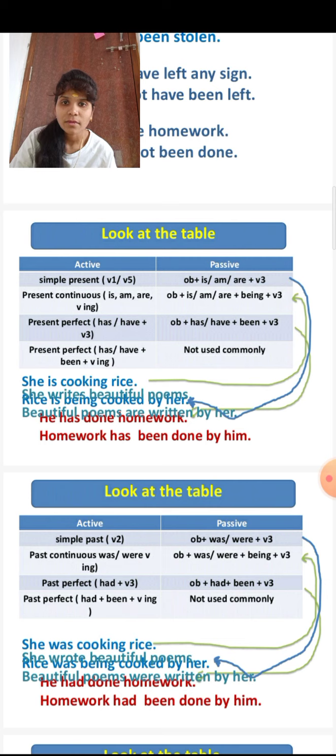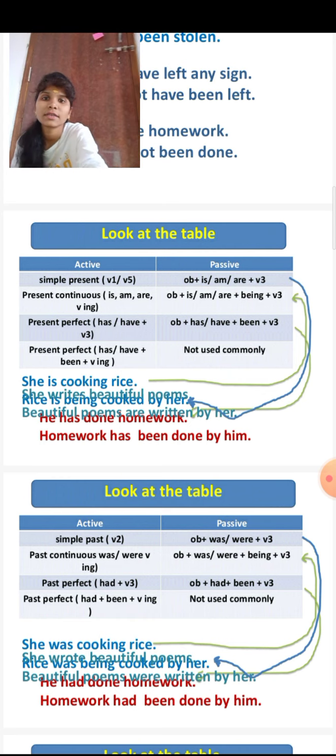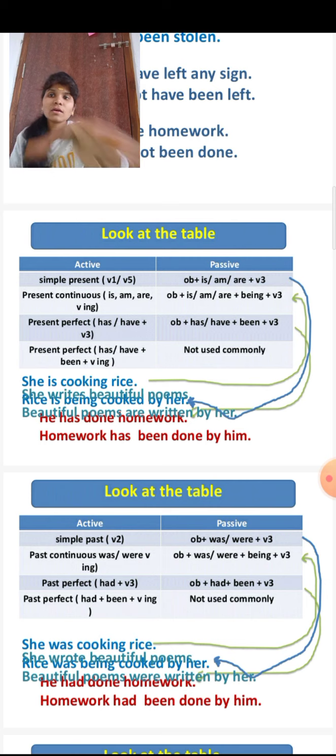Look at the table. Active voice, simple present: V1 or V5. For example, take. In active voice it is take or takes. When it goes to passive voice, it is am taken, is taken or are taken.